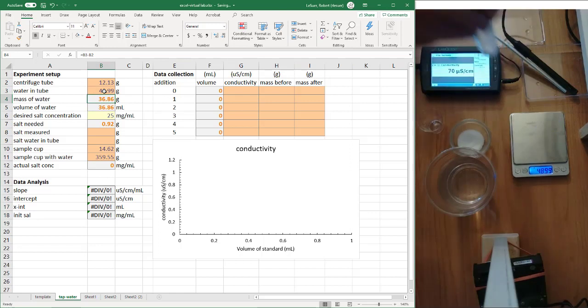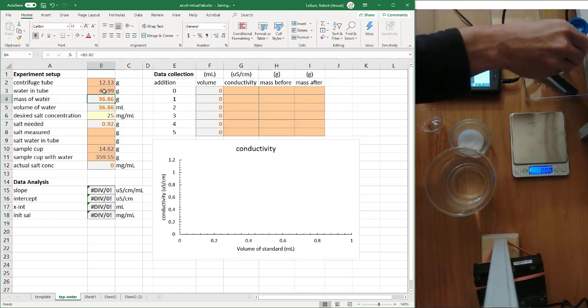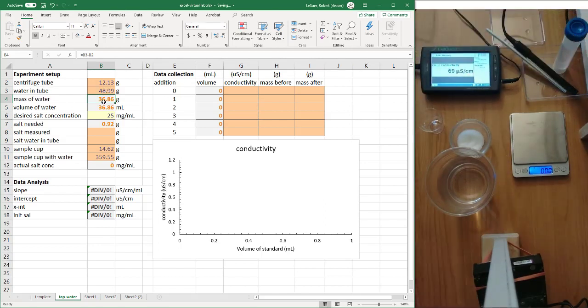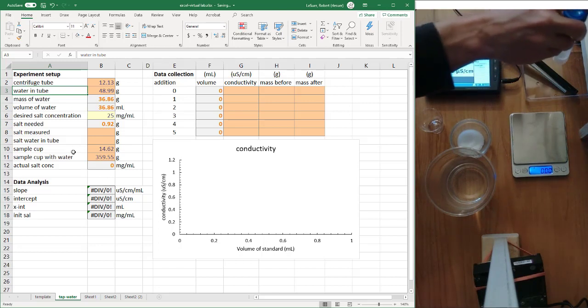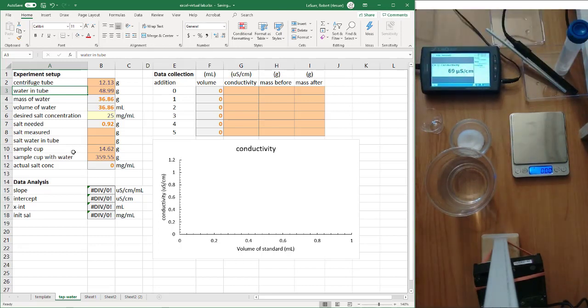Okay, and I will put a cap on that one so that it doesn't get spilled or knocked over. Okay, so those two measurements, the measurements of the centrifuge tube and the sample cup weights, aren't going to change. The water in this tube is actually going to be used to hold the standard, and obviously my sample is in the sample cup.